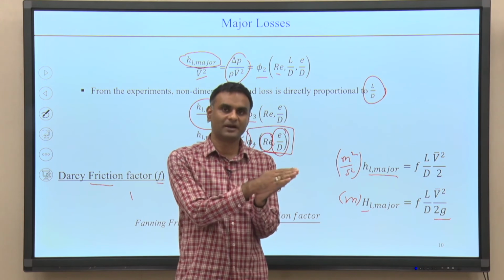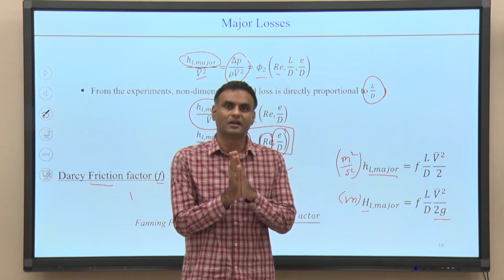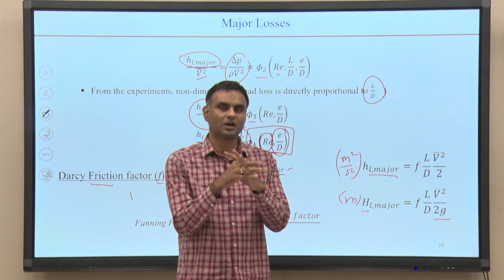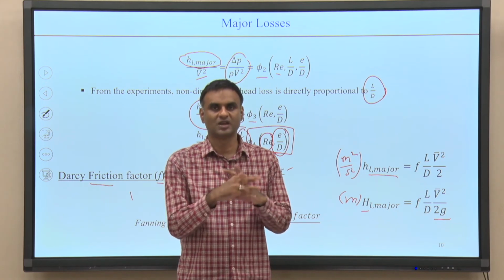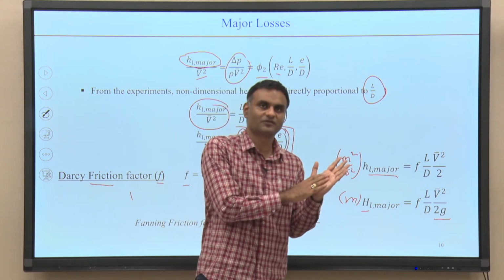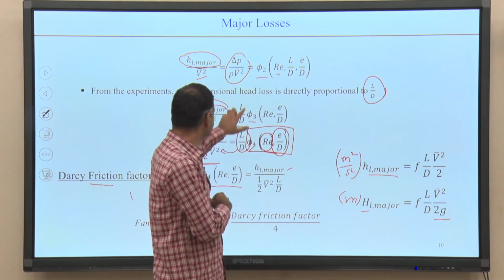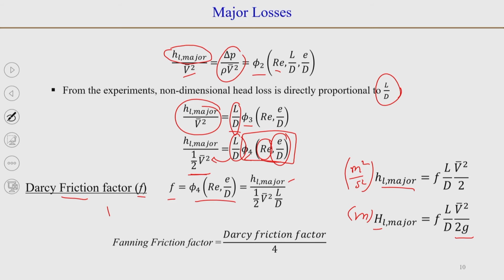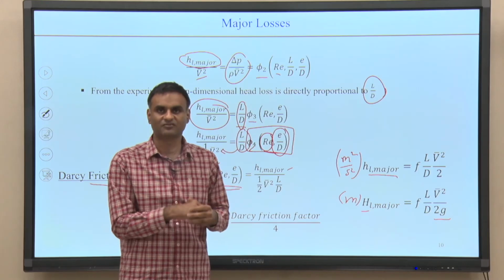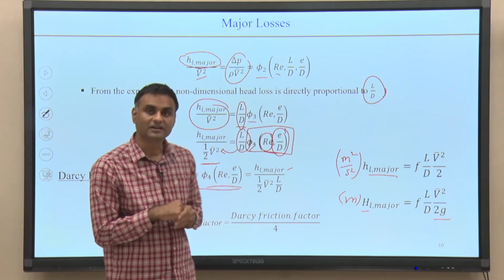So, now what we have done is we looked at what factors delta p can depend upon, and then we grouped all those in dimensionless groups. We used a bit of information from experimental analysis and said that this major losses is proportional to L by d, and then the remaining function we have defined as Darcy friction factor, which is a function of Re and E by d.